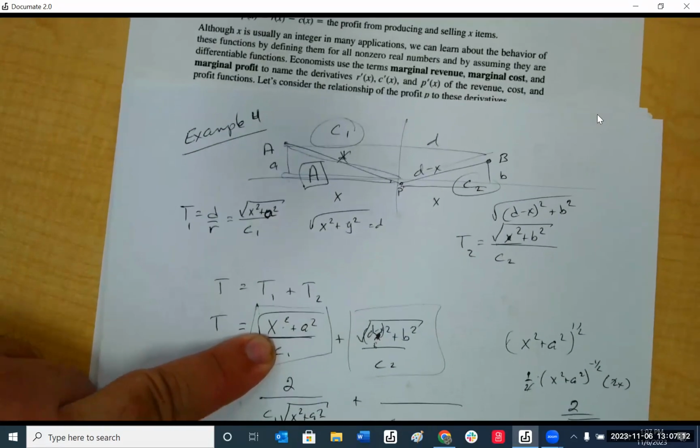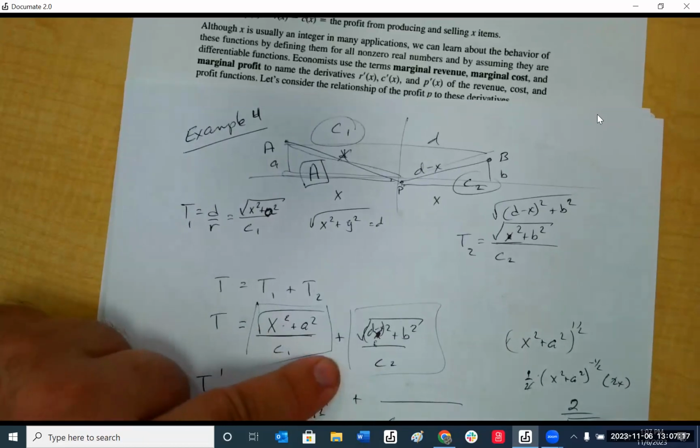Oh my God, it's gonna be much larger now. So the second one is going to be the square root of distance minus x squared plus b squared.